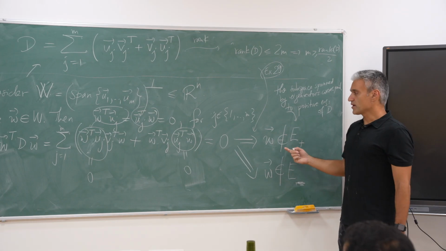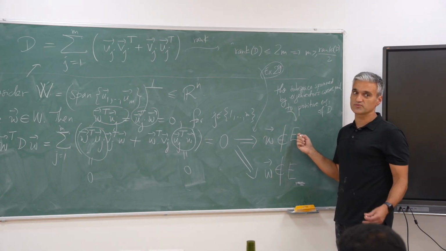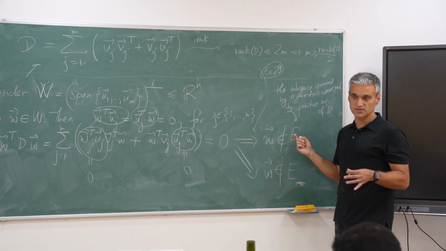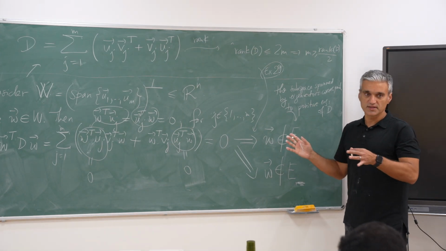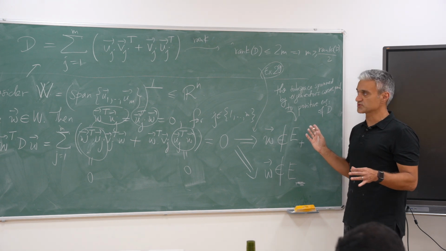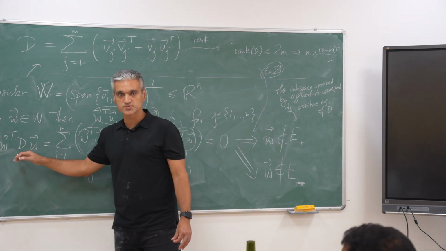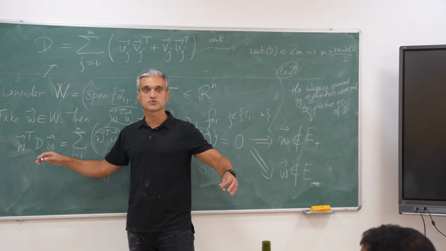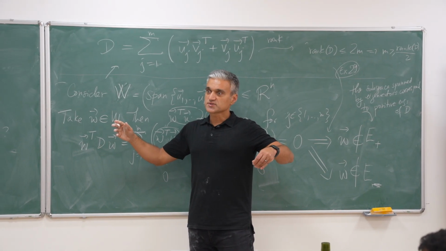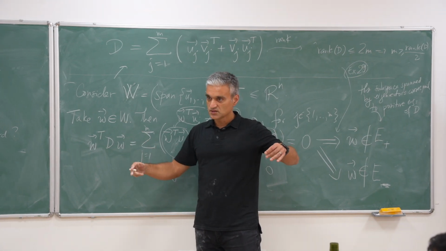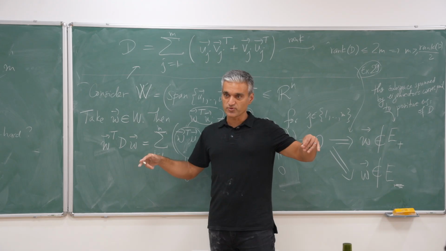So why is this happening? If you are in E plus, you will be a linear combination of eigenvectors of positive eigenvalues, and you take an orthonormal basis and so on. When you calculate w transpose Dw, remember the calculations we did for the Rayleigh quotients. You get coefficients squared, multiplied by eigenvalues, a summation of that form.